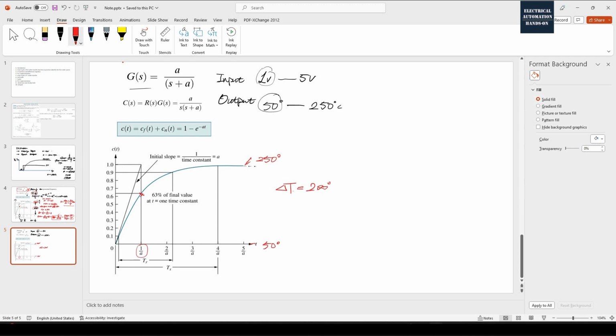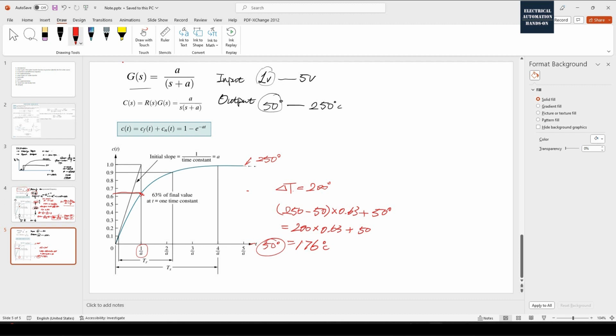This spot is equal to what? This spot is equal to 250 minus 50, then we multiply by 63%. And then we need to add this base, this initial status. The initial status is 50 degrees. So the result is equal to 176 degrees.